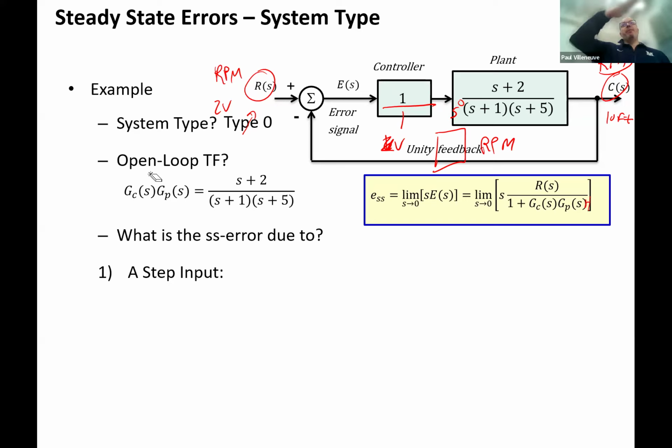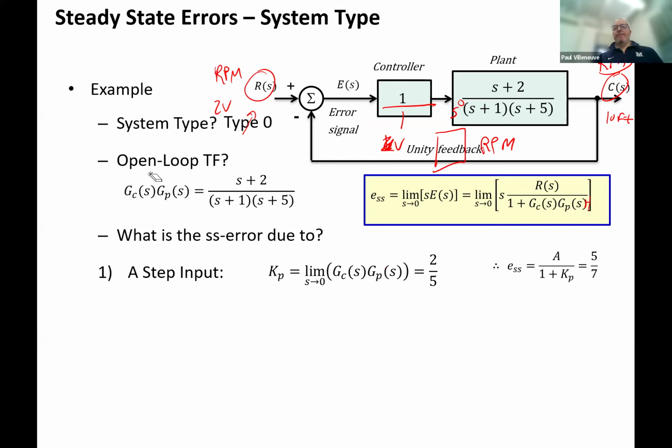Remember, you have a unit step input running along, and this system has no integrators in it whatsoever. So is this system able to keep up with it at all? It can keep up, but it doesn't do very well, right? So you have a non-zero steady state error.